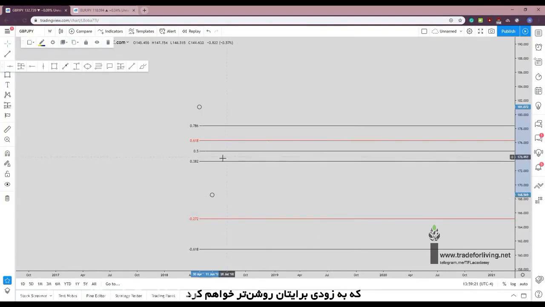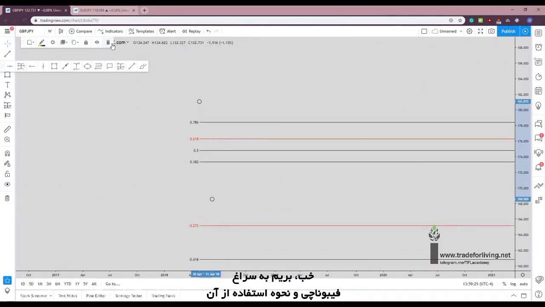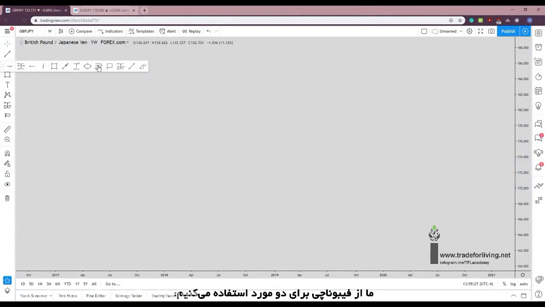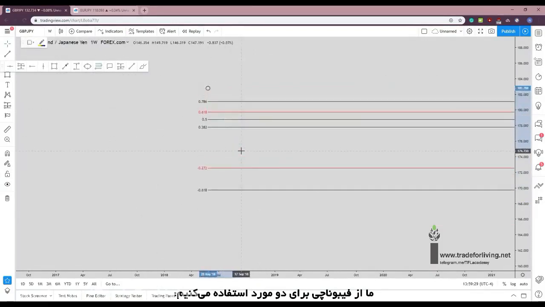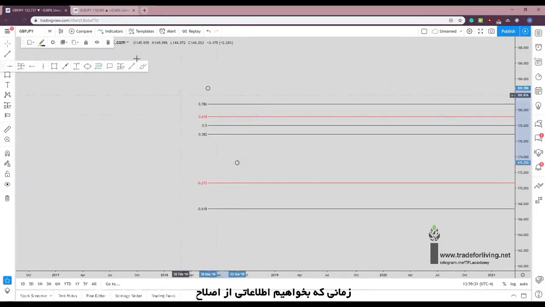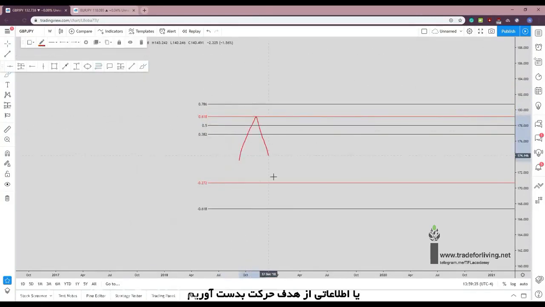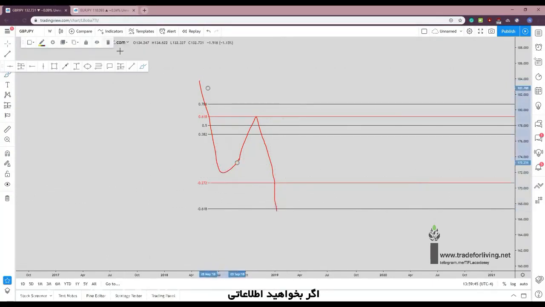So going to our Fibonacci, how you're supposed to use it. We use it for two things basically. If we want information on a retracement, or if we want our targets for our impulses. And how you're supposed to put it is always on the previous leg. So picture this is the market, okay? This is the market.